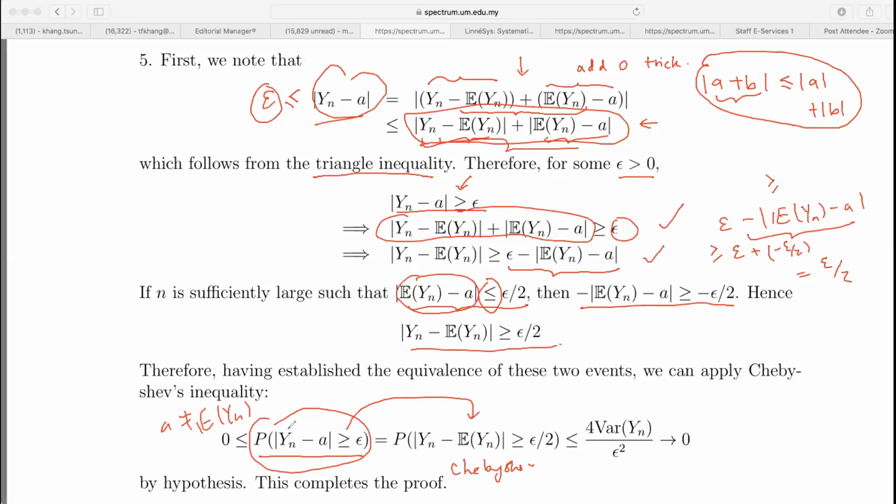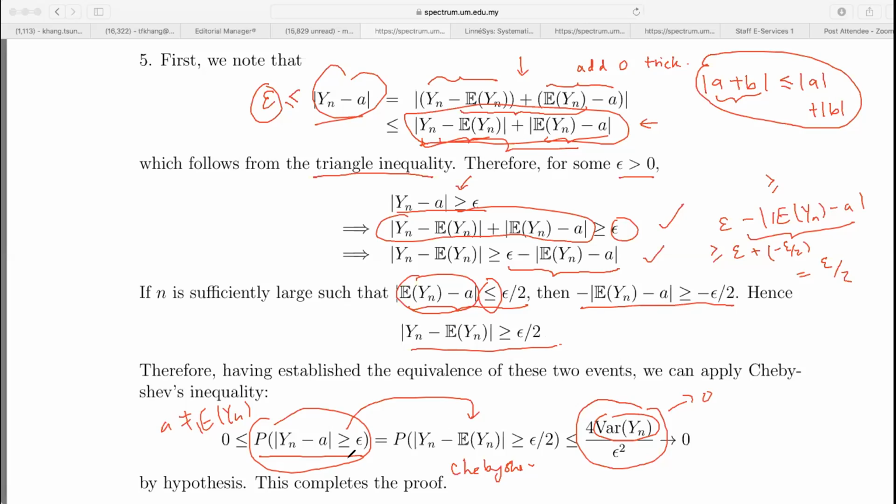But you manage to have an equivalent form here. So this is equal to this form here. And from here you apply your Chebyshev. Then by hypothesis, the variance of Yn tends to 0. So this proof is complete.